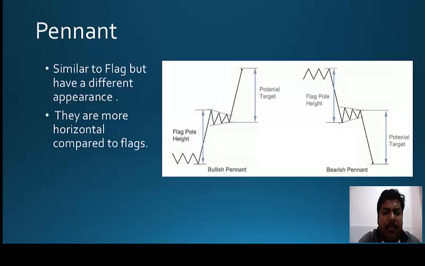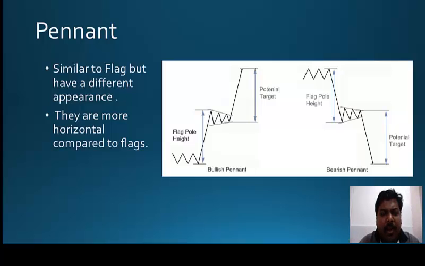The other main difference between these two is that on the chart the pennant appears to be more horizontal, whereas the flags appear to have a slight bend towards the opposite direction. For example, in a flag, if the stock is moving up, the flag will be in the opposite direction.